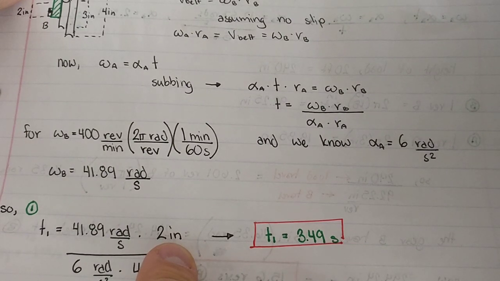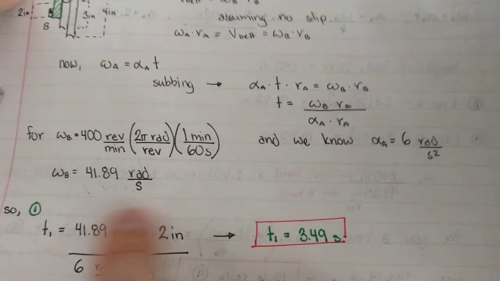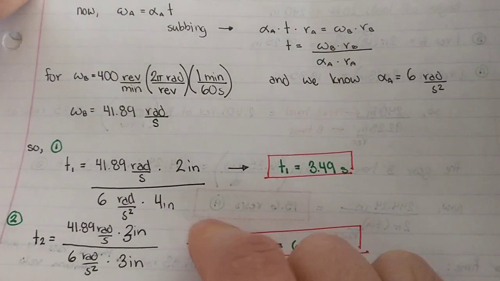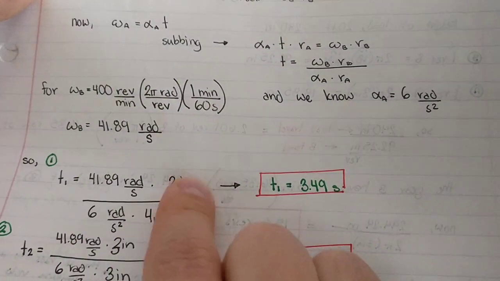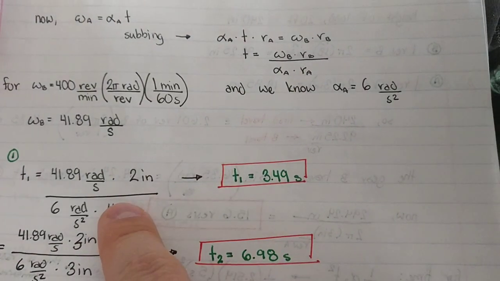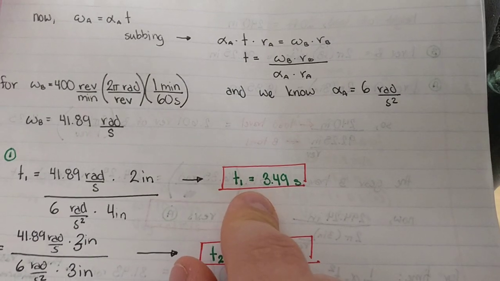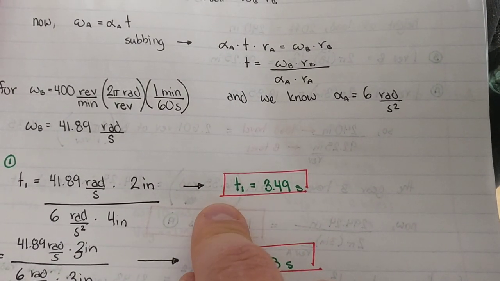I don't remember if it was 2 inches radius or the diameter, but let's say it was 2 inches radius because that makes sense. We sub into this equation the angular acceleration times 4 inches for the radius of A. That gives us t1, the time to get to the first velocity requirement at position 1, at 3.49 seconds.